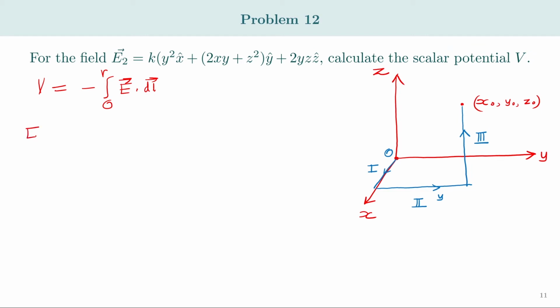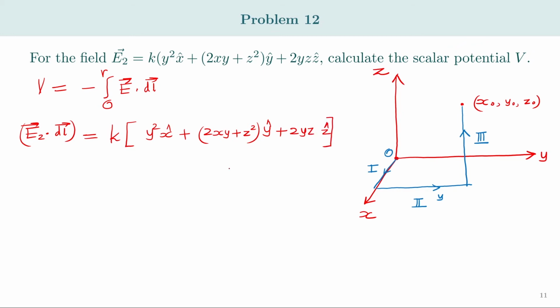So when we calculate E2 dot dl, this will be equal to k times (y square x hat plus (2xy plus z square) y hat plus 2yz z hat) dotted with (dx x hat plus dy y hat plus dz z hat).